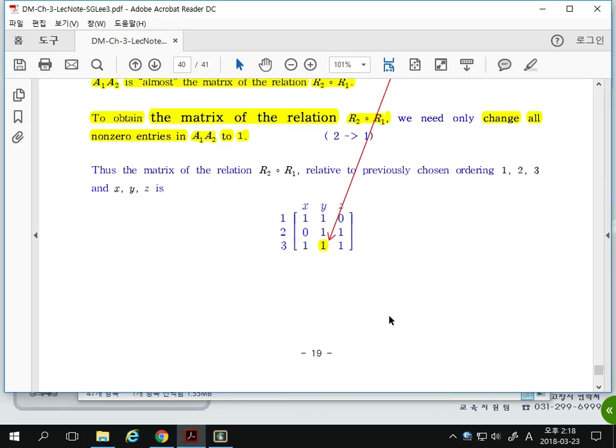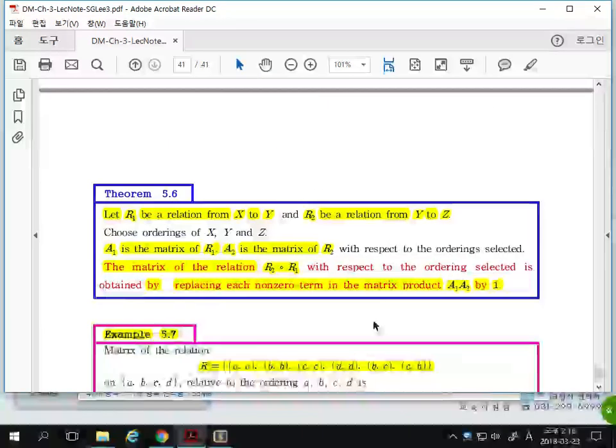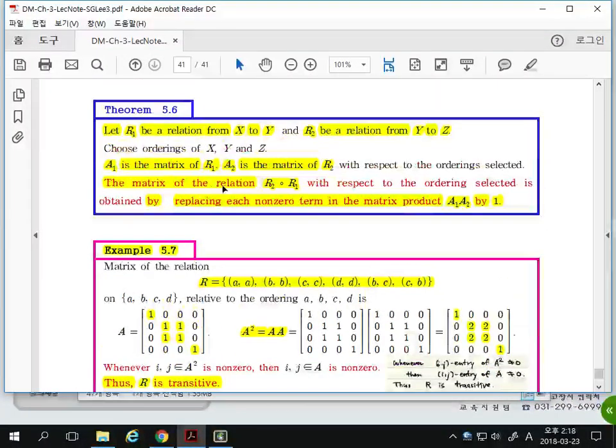We can think about the composite of 3 relations, and 4 and 5 as well.